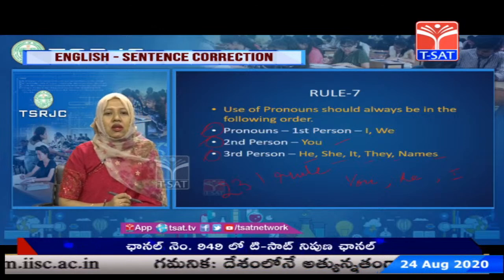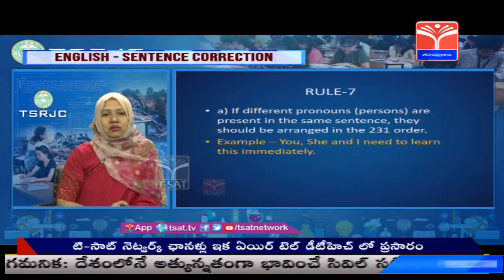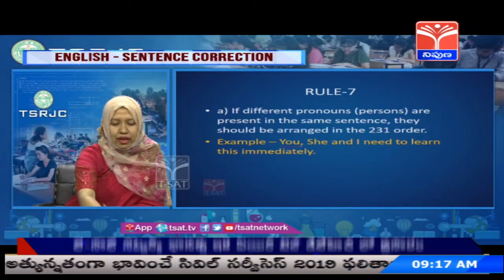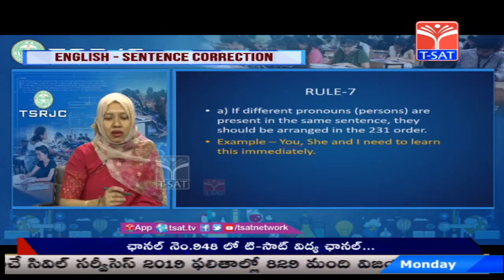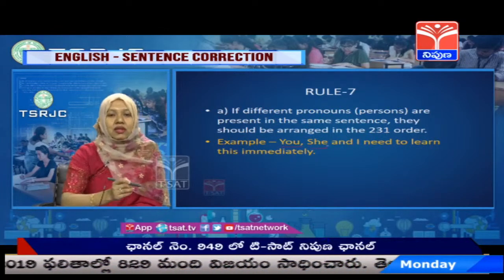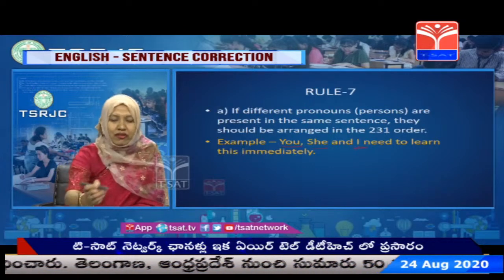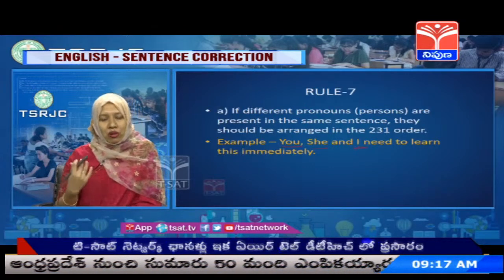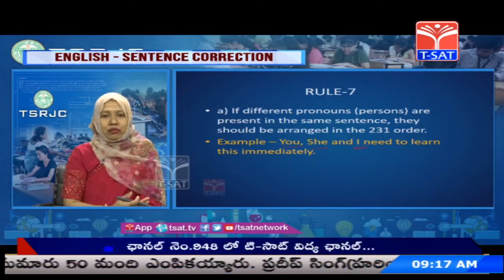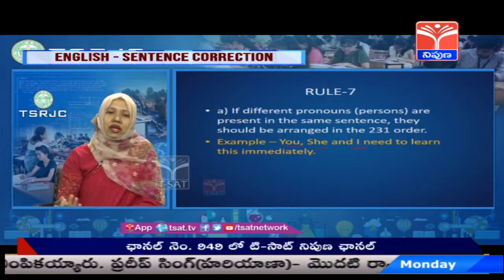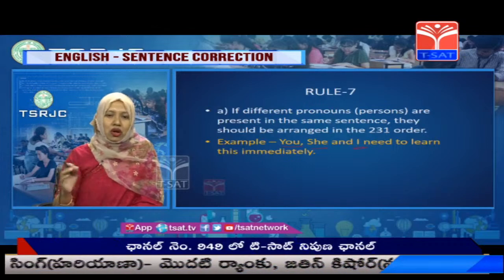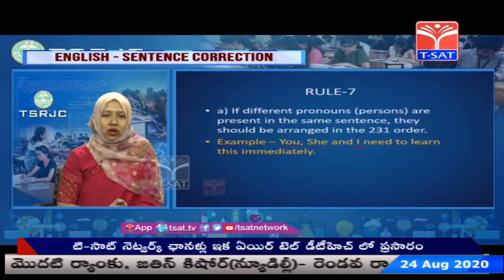In this, you use first the second person you, next comes the third person she, and I. I is the first person. So when you talk about the second person, the third person, and the first person, you have to follow this 2, 3, 1 order.